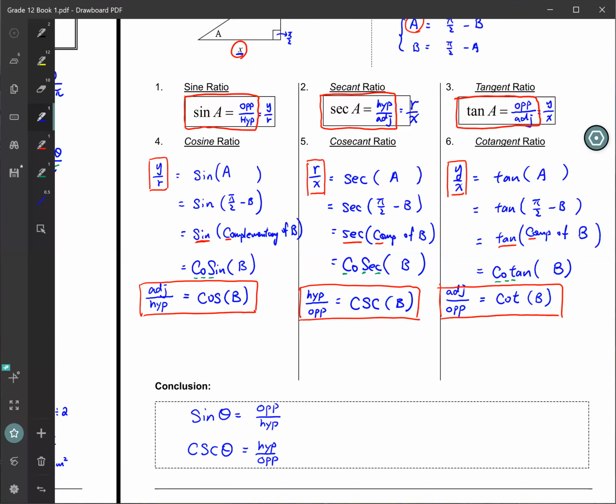Okay, now the next pair, we have cosine. Okay, because cosine we are familiar with, right? Cosine is CAH, right? CAH is adjacent over hypotenuse. So which one is the reciprocal of it? Have you found it? Samantha, can you tell me which one is the reciprocal of cosine?